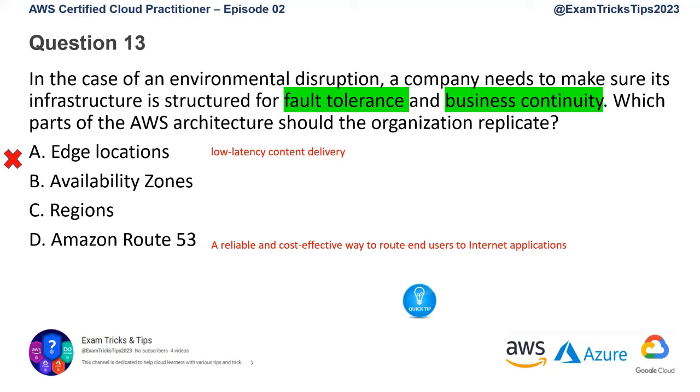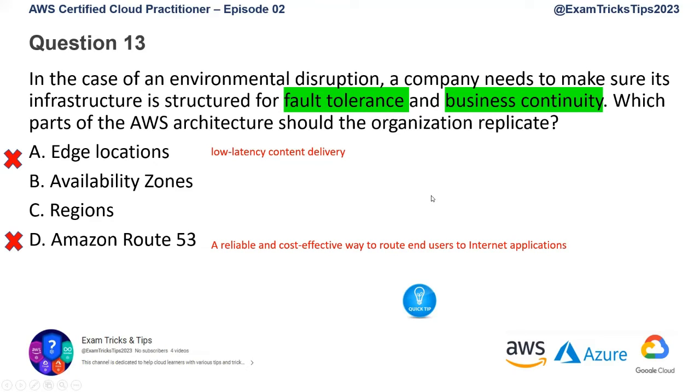Amazon Route 53, what does it do? It's your DNS routing service. You type amazon.com and it will point you to the server which is serving amazon.com. So it's a routing service. It's not related to fault tolerance.